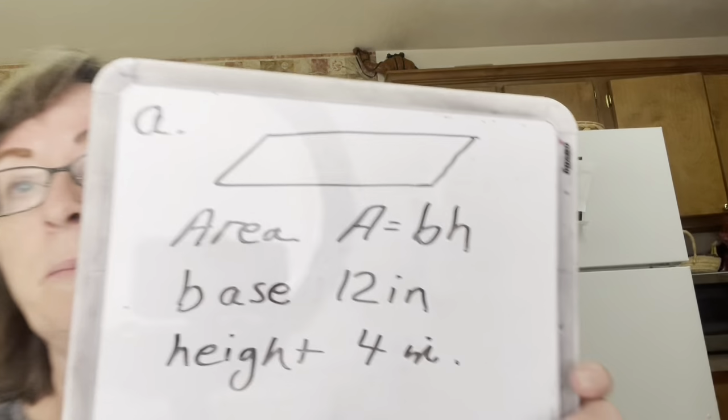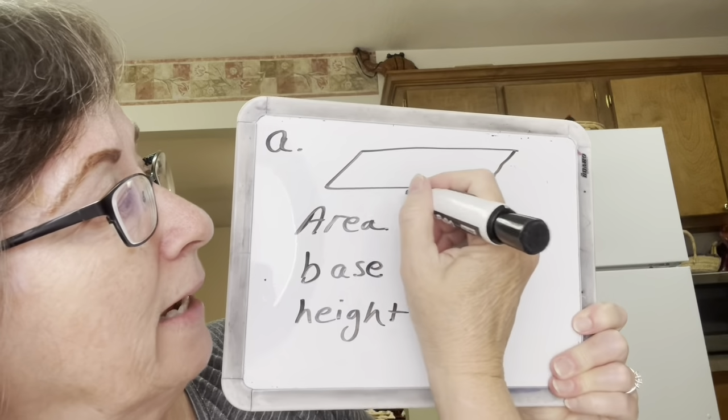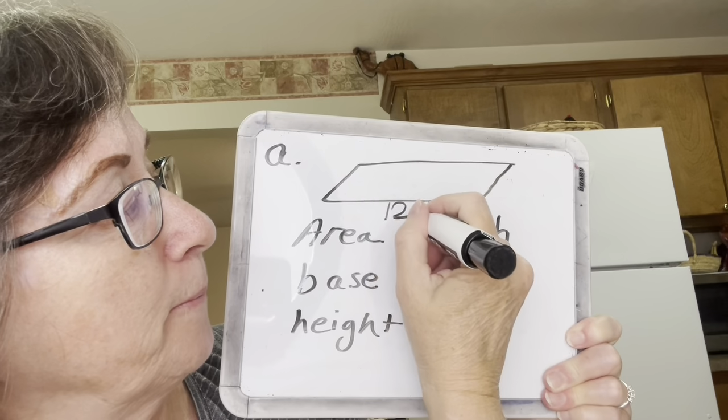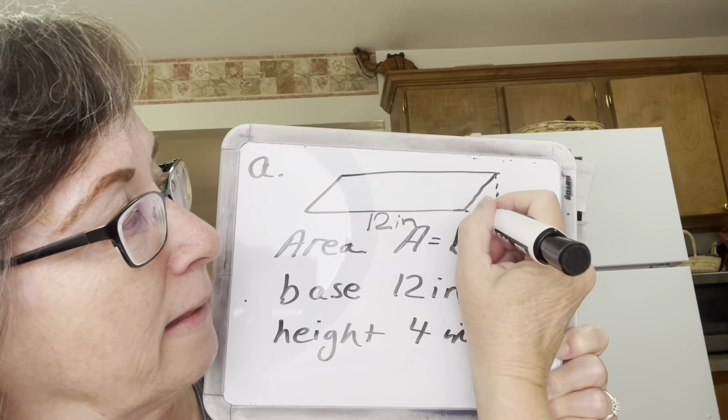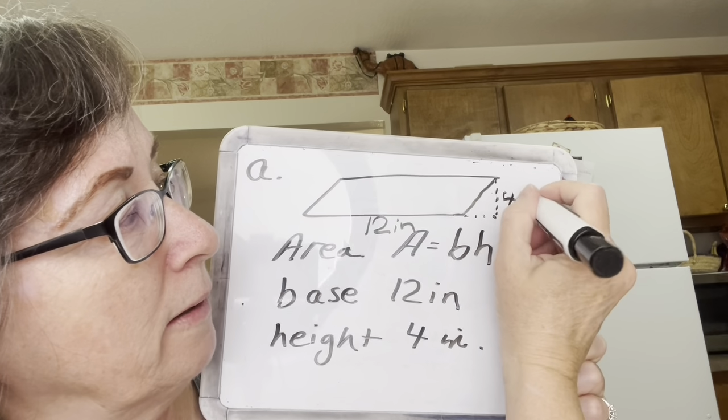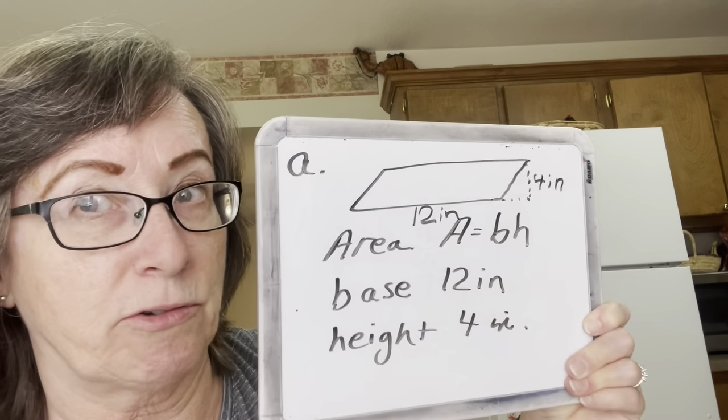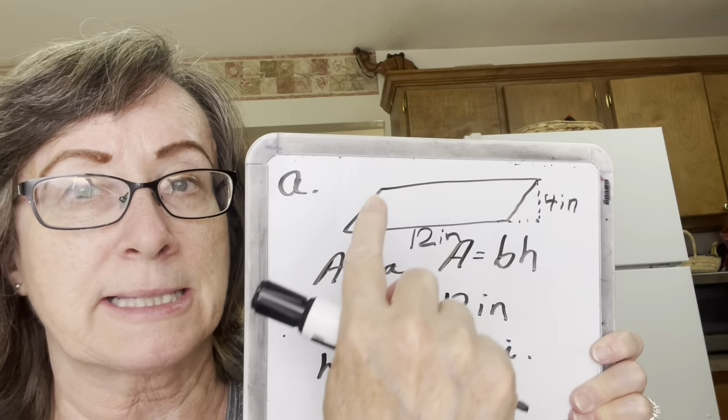Okay, now if you look at the little picture in your book, they have down here 12 inches, and they're showing the straight drop of the height to be 4 inches. It's always the straight drop down. It's not what we call the slant height.